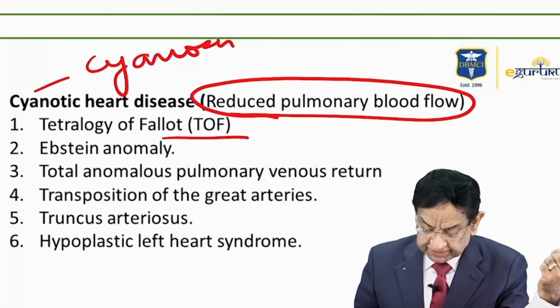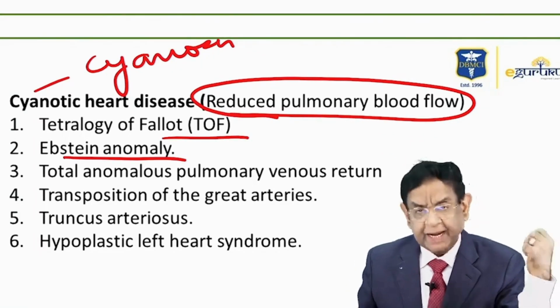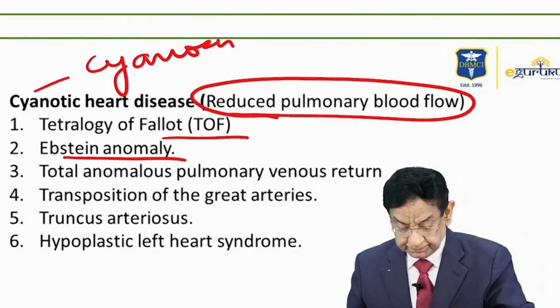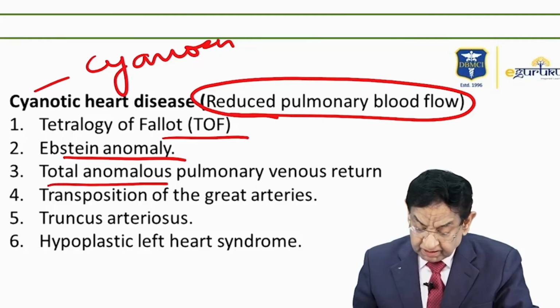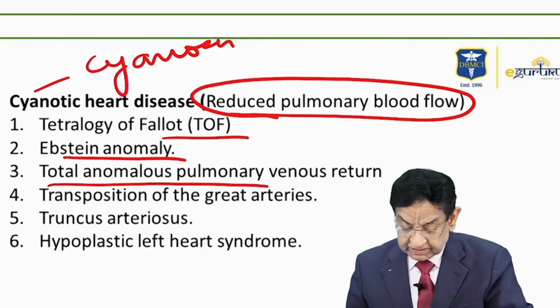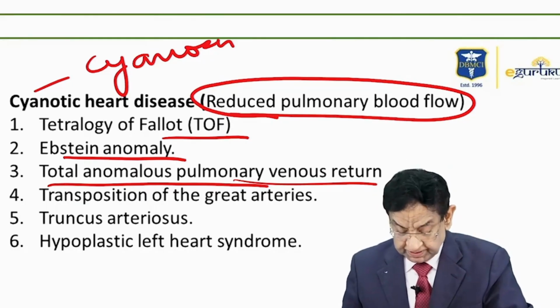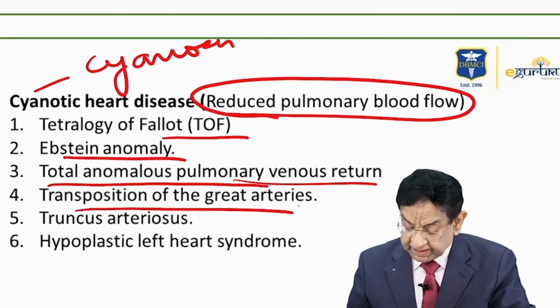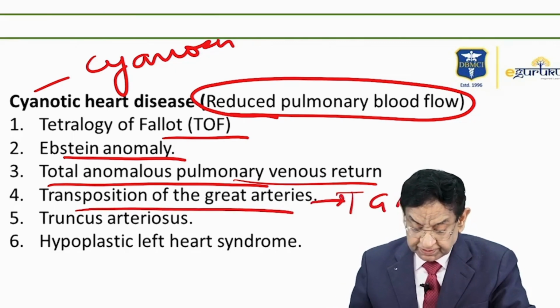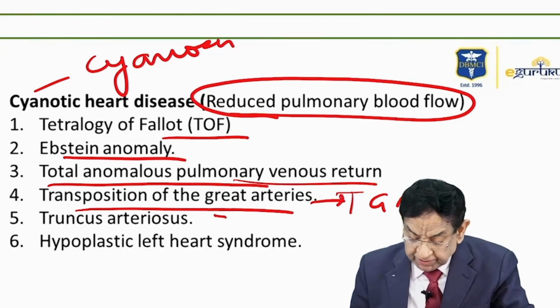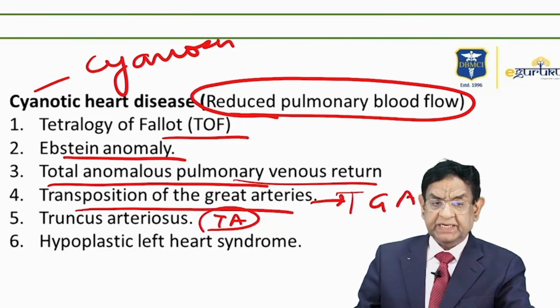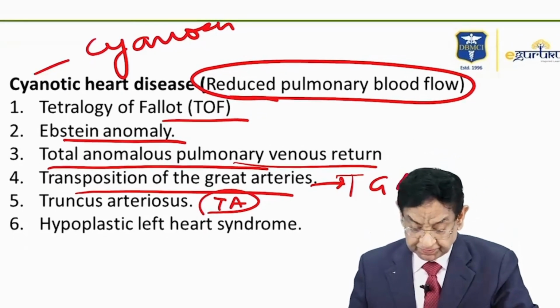tetralogy of Fallot, Ebstein anomaly, total anomalous pulmonary venous connection or return, transposition of the great arteries TGA, truncus arteriosus TA, and hypoplastic left heart syndrome.